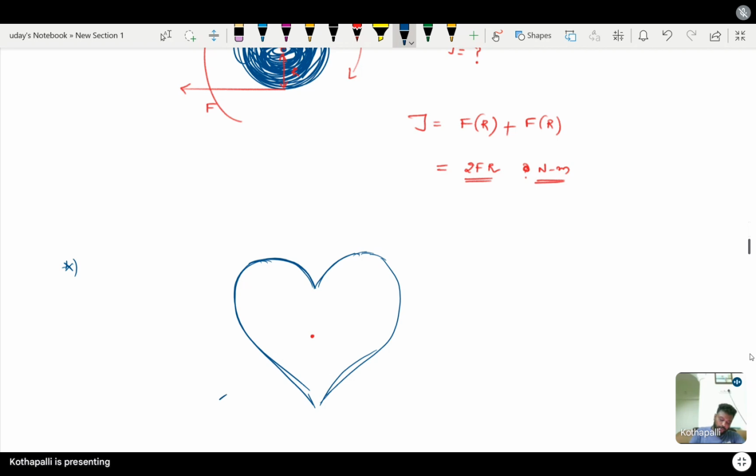Okay. So one force is acting, 10 newtons, like this. One force is acting, 20 newtons, like this. This distance is given as 5 centimeters. And one force is acting like this, 30 newtons, at a distance of 6 centimeters.